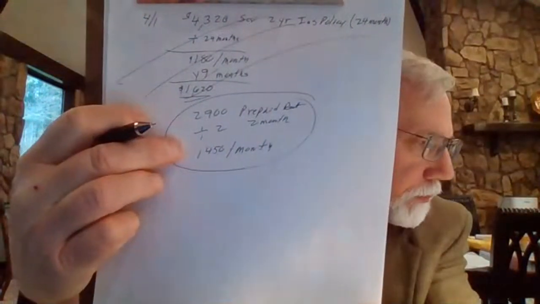On December 1st, we prepaid for 2 months worth of rent. At the end of December, half of it is gone. So $1,450 has to be recognized as a rent expense, and the asset prepaid rent has to be reduced by $1,450.